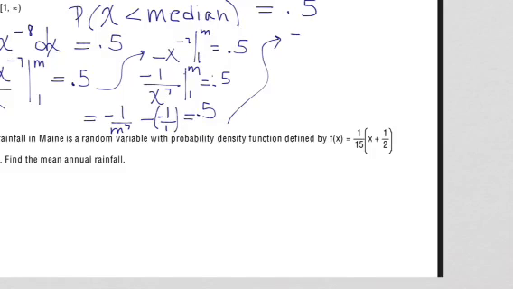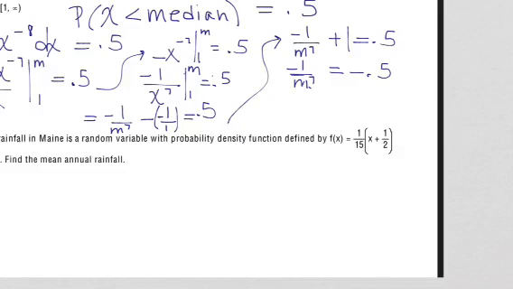So now negative 1 over m to the 7th plus 1 equals 0.5. So if I then subtract 1 on both sides, that does not look right either. You end up with a negative 0.5 because 0.5 minus 1 is negative 0.5.